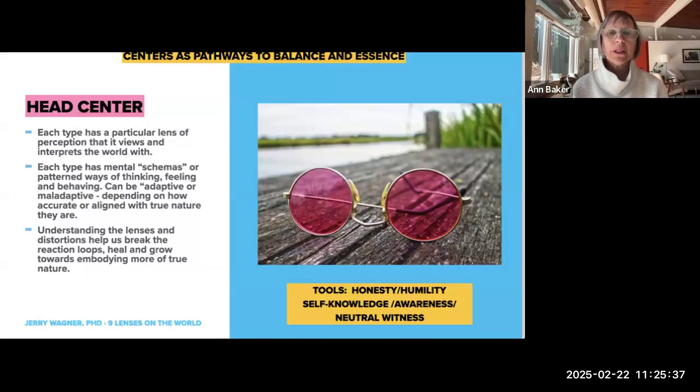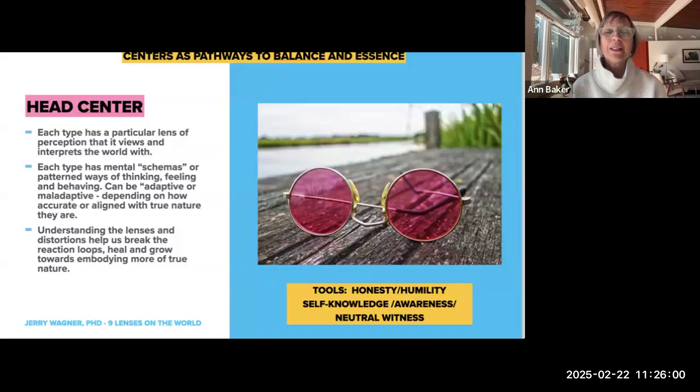So natural gifts and aspects of this head center that can really help us grow are honest learning and self-knowledge. So learning, really witnessing yourself, developing this conscious awareness of your awareness of yourself.